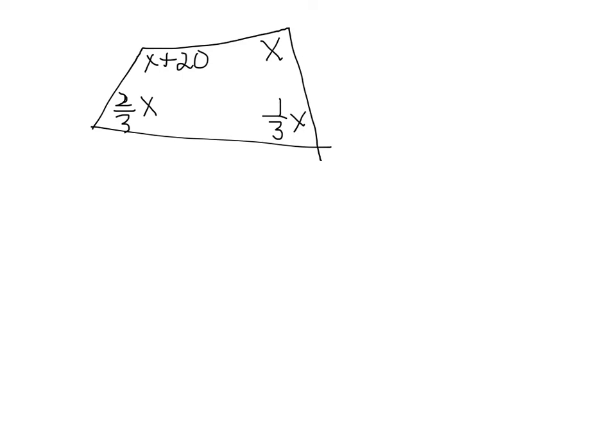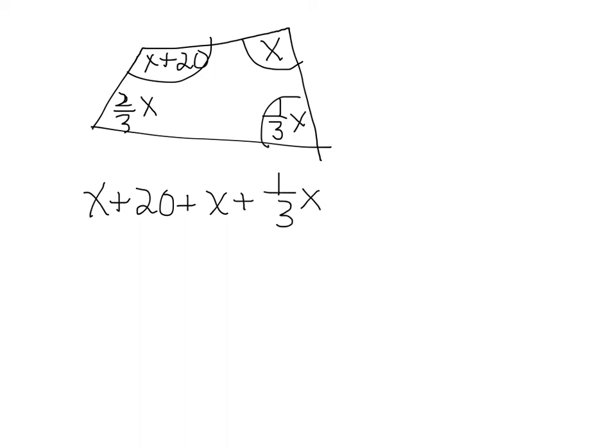So if I know that all of these angles add up to 360, I can write an equation. I can say x plus 20, that's this one, plus x, that's this one, plus 1/3 x, that's this one, plus 2/3 x, that's this one. I might not know what x is, but I know that if I add all of these angles together, they have to add up to 360.